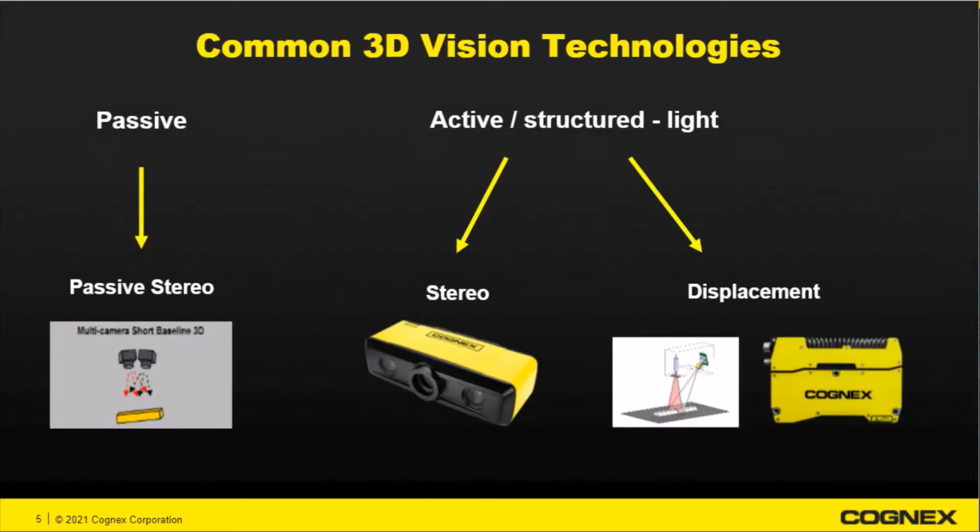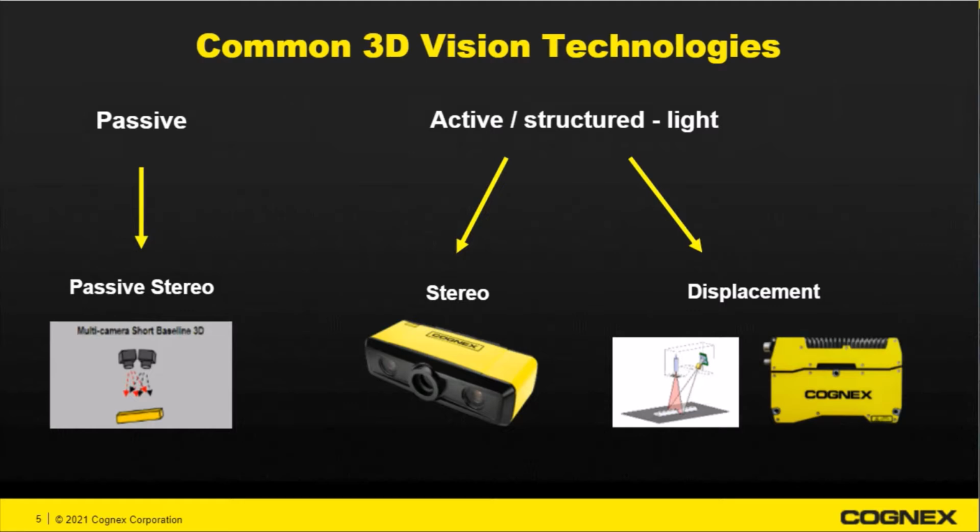Kai, can you take us through the common 3D vision technologies here? Yes, sure. There are different 3D vision technologies commonly used in the industry. One is passive, for example passive stereo or passive multicam applications, where you have multiple cameras generating multiple references to reconstruct a 3D image.